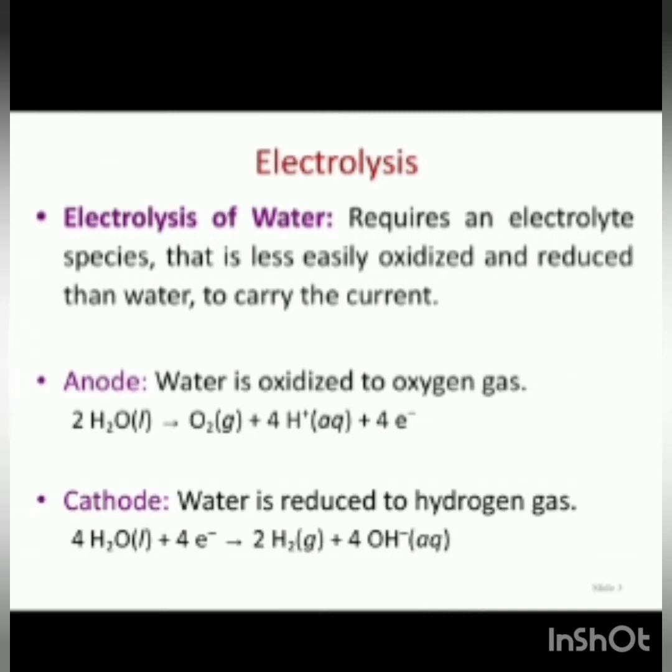And at the cathode, water is reduced to hydrogen gas. The water molecule gains 4 electrons to give 2 molecules of hydrogen gas and 4 hydroxide ions.